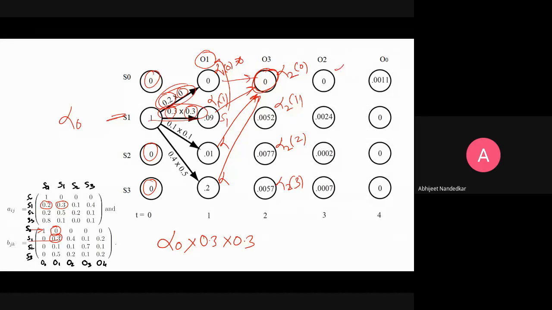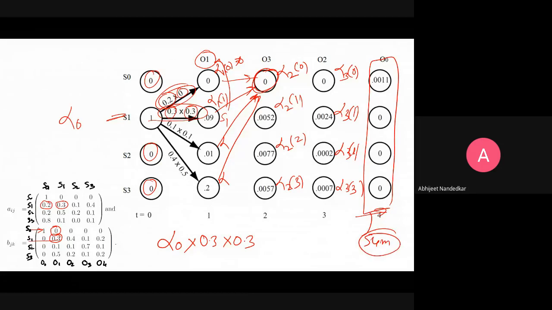Then we will calculate alpha 3 for state 0, alpha 3 for state 1, alpha 3 for state 2, and so on. We will reach the last position and then sum all the probabilities appearing here. You will find that this sum is nothing but the probability of O.